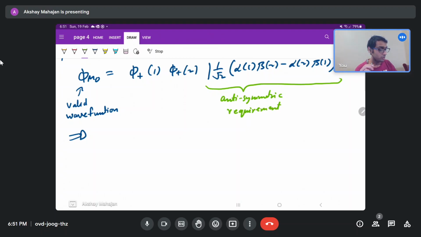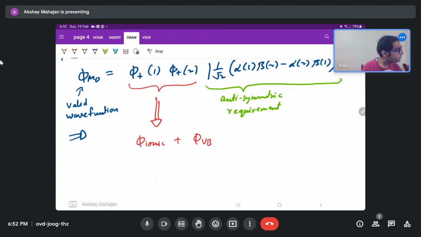But if you open this phi plus phi plus, which was considered in the class, you know that this thing will open into an ionic part plus a covalent part, what we got from the variational bond treatment.